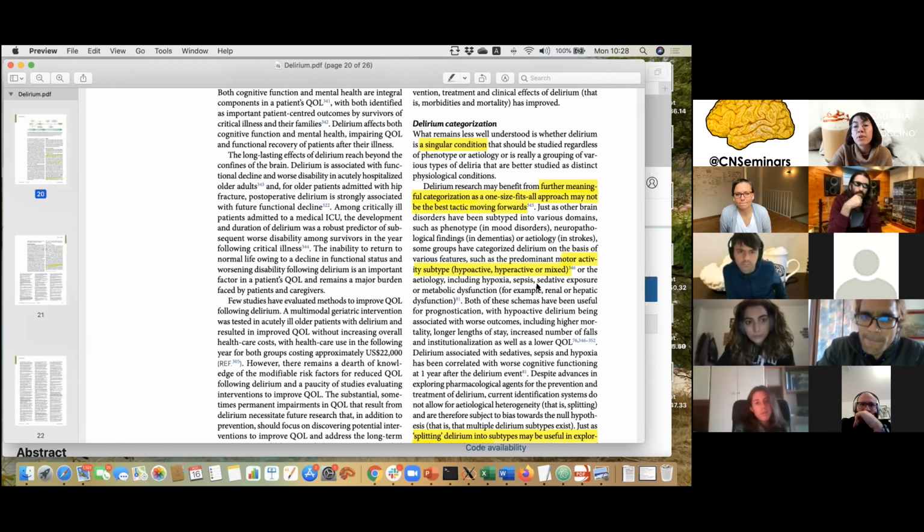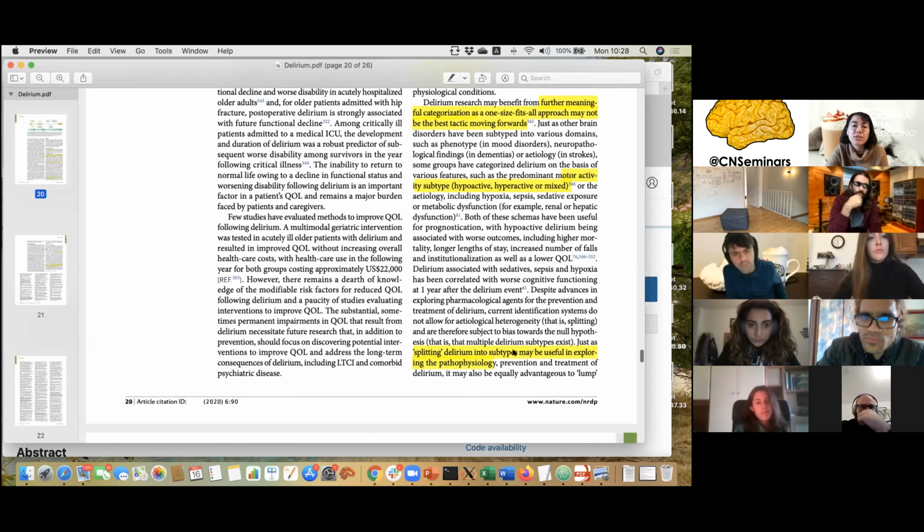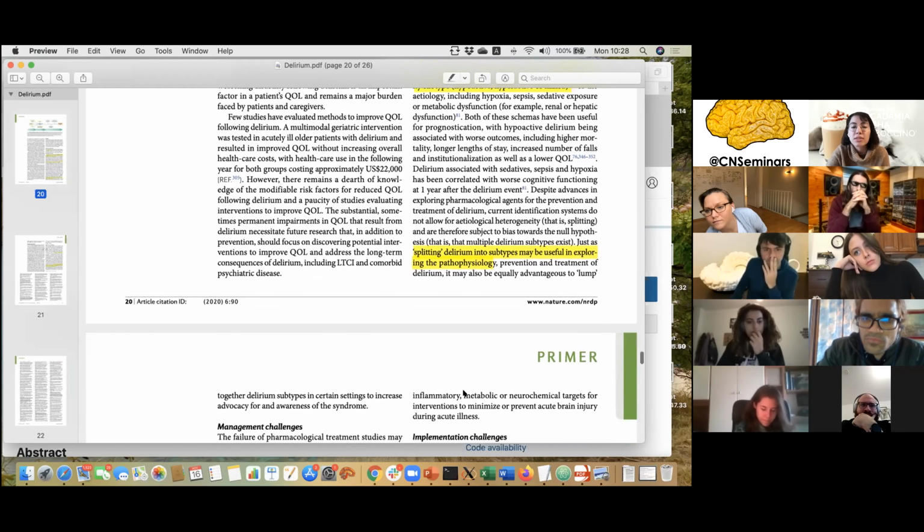Or for example, one categorization that they are starting to do is according to motor activity during delirium, so hyperactive, hypoactive, or mixed. And so the suggestion is to split the delirium into subtypes to better understand the pathophysiology underneath, and also the imaging that you can have specifically for some conditions or not.